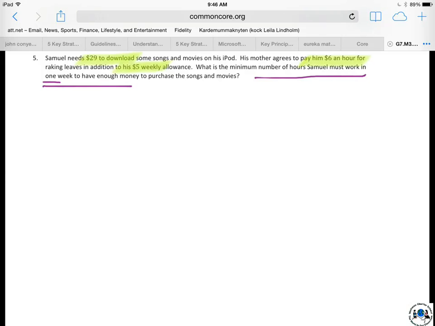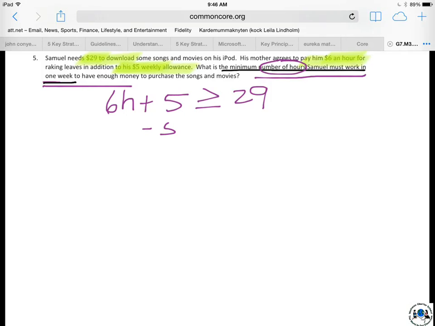So if you went ahead and did it, let's watch the inequality grow. 6h plus 5 greater than or equal to 29. Okay, let me just stop it right there. And you can see 6h is the $6 per hour. We are solving for hours, therefore we have our h here. 6h plus 5, which is that $5 weekly allowance, has to be greater than or equal to 29.